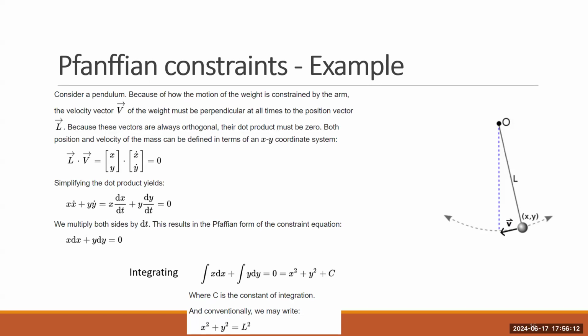And so it is a matrix times x dot, which is again similar to the Pfaffian constraint. Any questions? Pfaffian constraint is simply a constraint, yes, a constraint on the velocity.